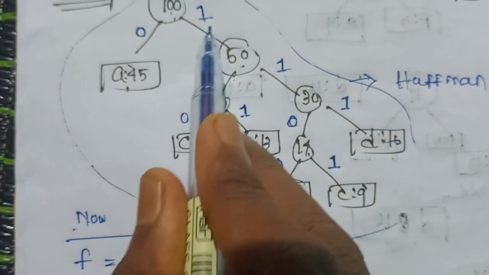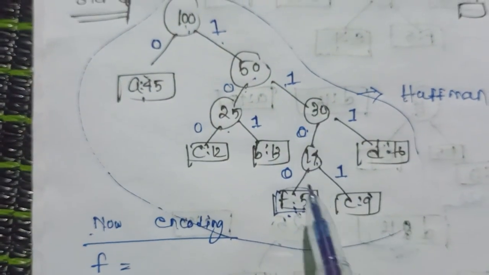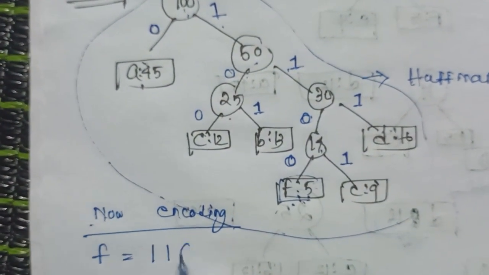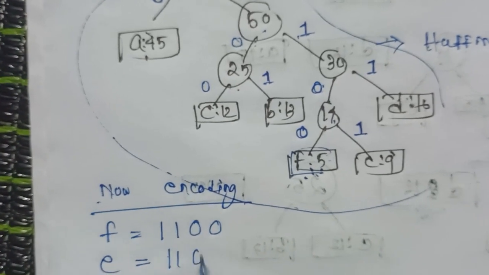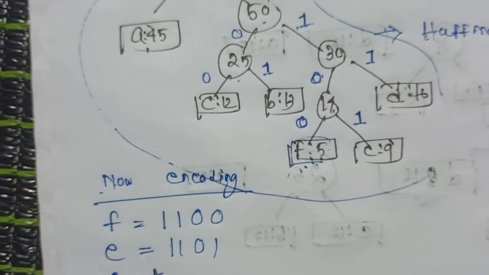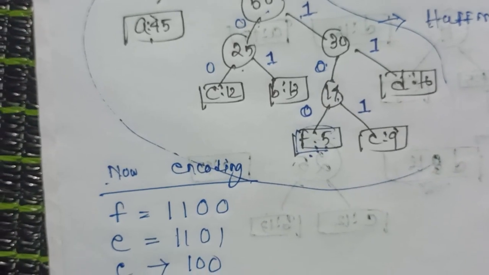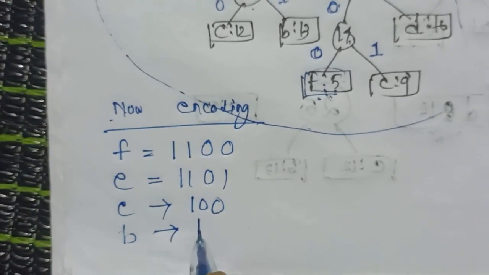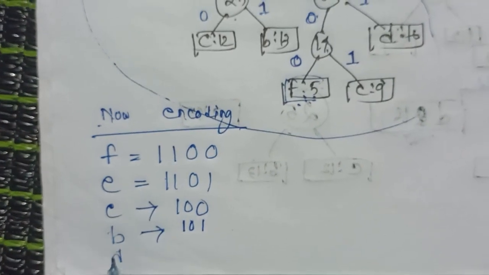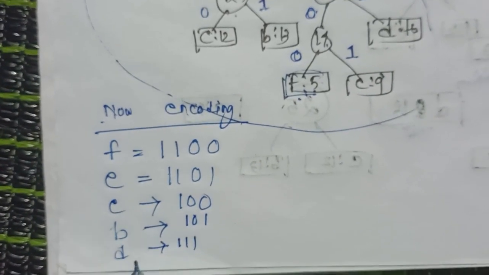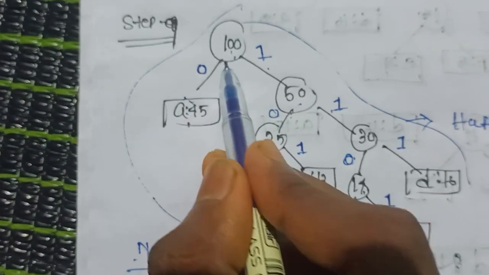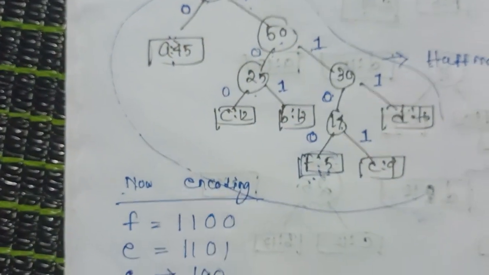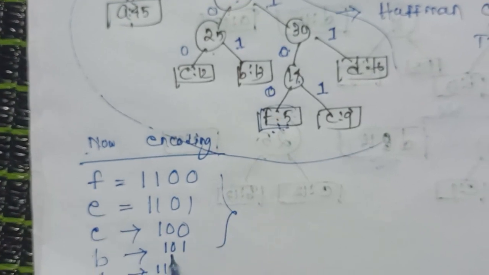Simply write 1 1 0 0. E equals 1 1 0 1, C 1 0 0, B 1 0 1, D 1 1 1, and A is 0, because A is this 0. Okay, so this is our encoding.